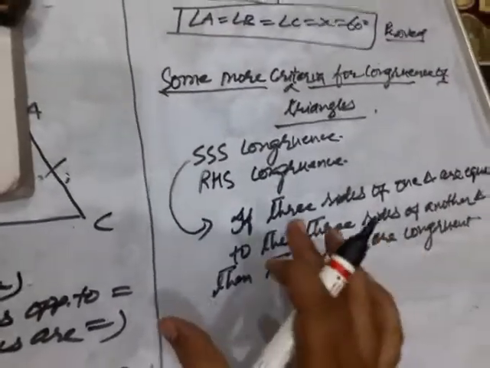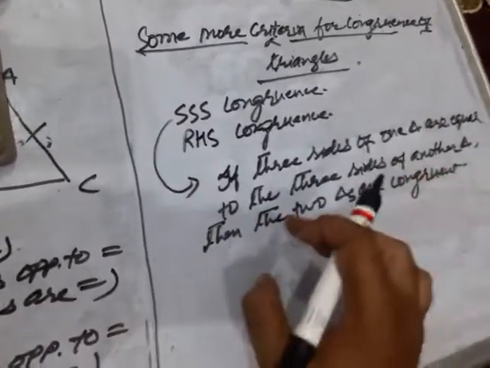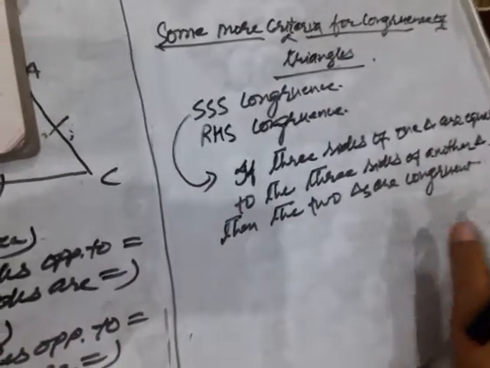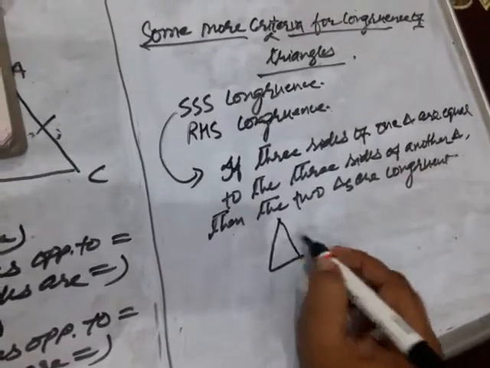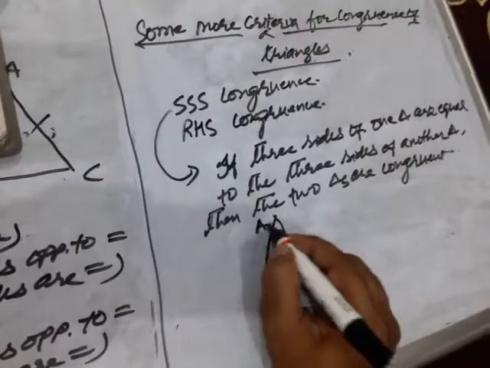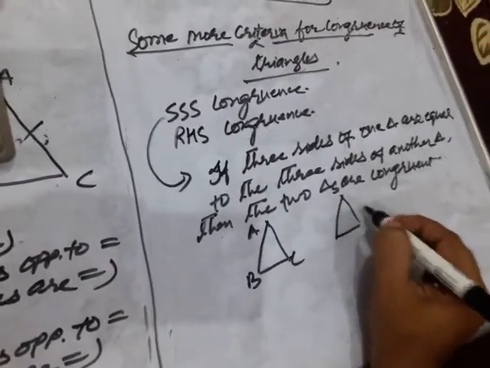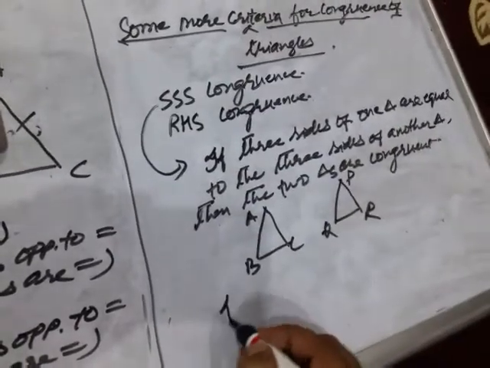Okay, children, what is triple S congruence? Let us see once again. If three sides of one triangle are equal to the three sides of another triangle, then the two triangles are congruent. Clear? Let us represent them pictorially. Two triangles are there, triangle ABC and another triangle PQR.